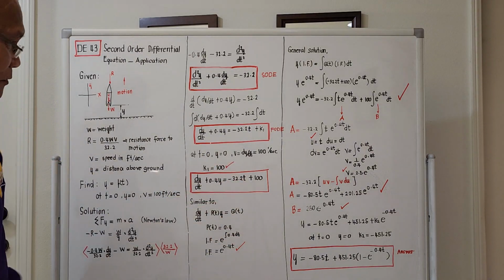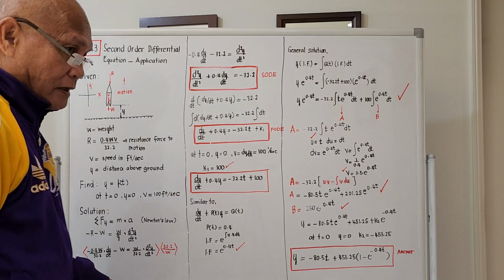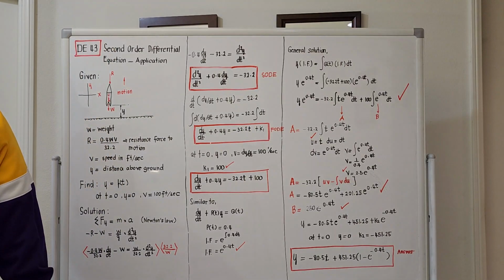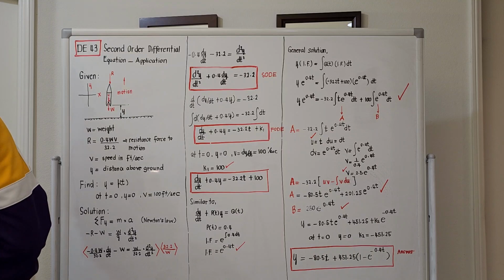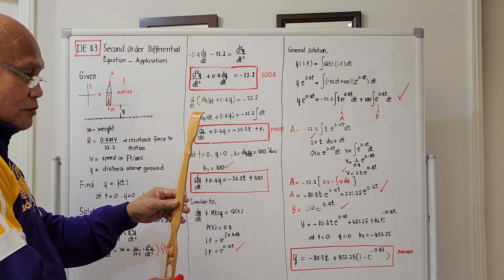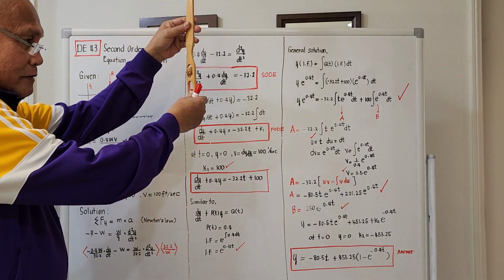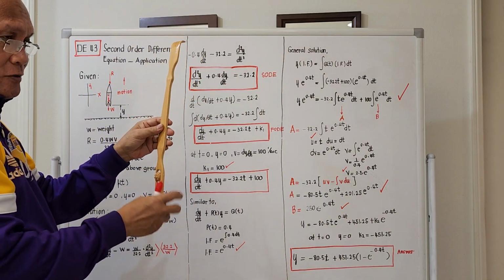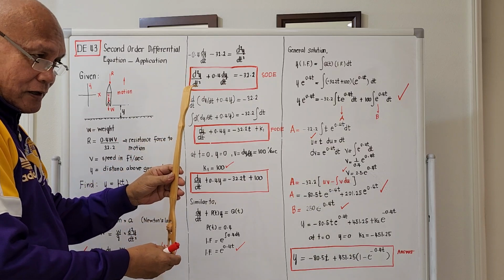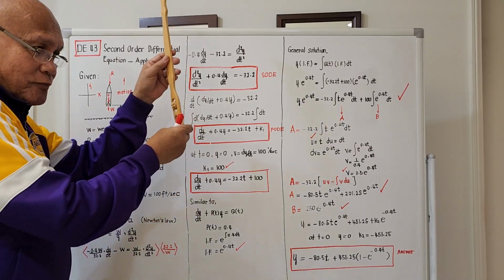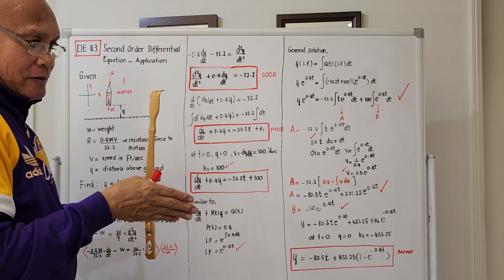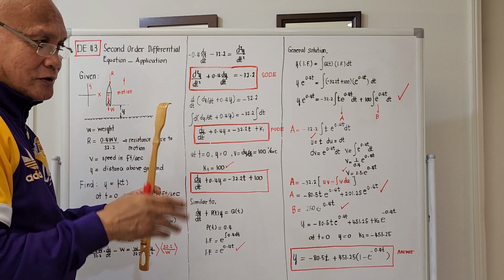The problem is something like this. We got a spaceship. It's moving vertically upward, and according to the condition of the problem, as the rocket moves upward, there are actually two forces opposing its motion.